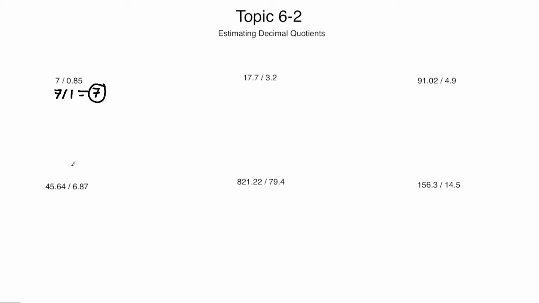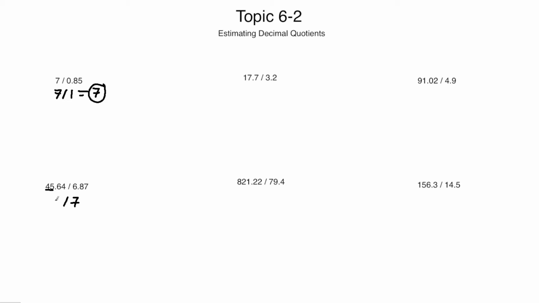Okay, let's go down to this one. Push pause, and you try to estimate the decimals. Now, 6 87/100ths, I would estimate to 7. And then look at the first 2 numbers, 45, and ask yourself, can 7 go into 45 evenly?